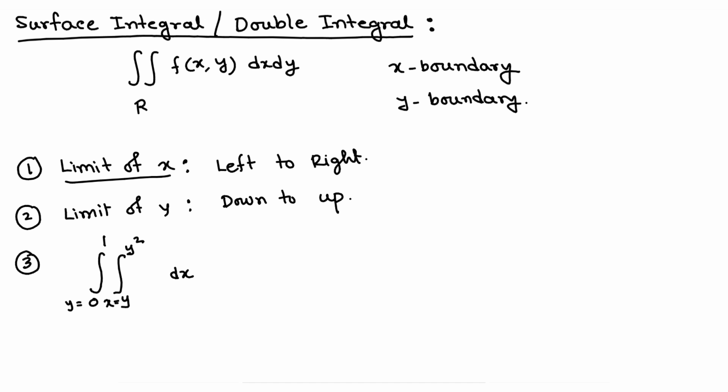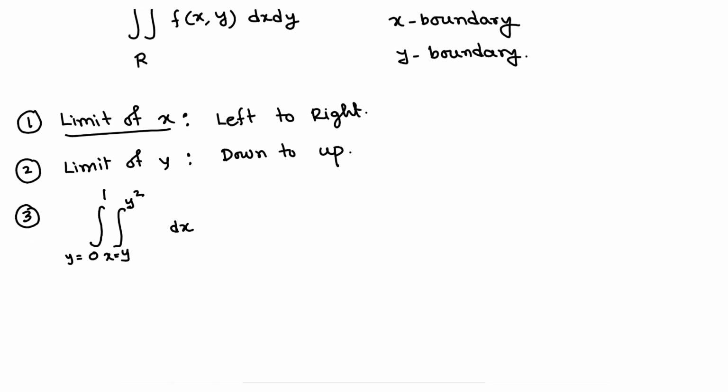Okay, third point. Now suppose same concept. Suppose the double integration is x to, let's say, x cube and the other is, let's say, 1 to 2. Obviously here the variable is x, that means this is the limit of y, so this will be integration with respect to y and the other integration will be with respect to x. Clear?